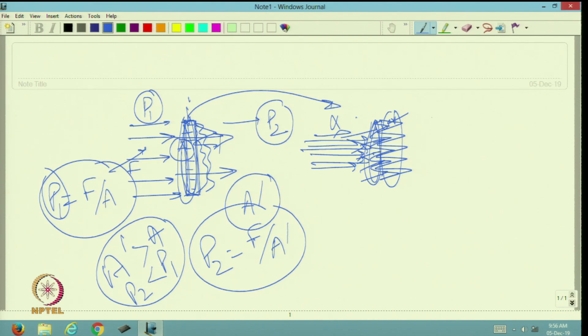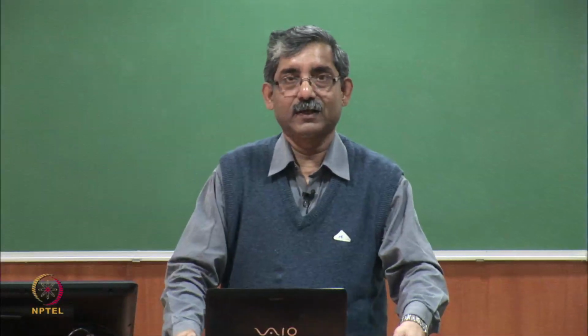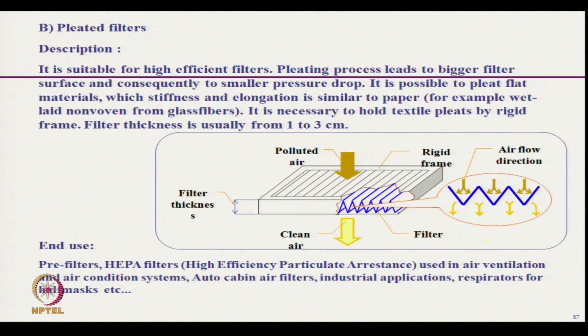So, the next type of filter based on shape is the pleated filter. Here we can see the filters are in the form of pleats, the pleats are incorporated and here the air is flowing with less pressure, pressure requirement is less. So, this is the air flow direction. This total area is exposed for air flow.